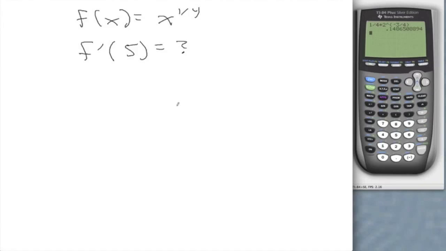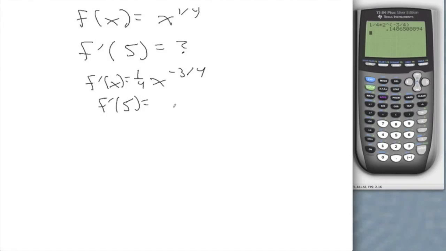Okay, so for the first line, I wrote function. Well, I rewrote the problem anyway. And then for the first line below that, I wrote f prime of x equals 1/4 x to the negative 3/4. And then below that, I wrote f prime of 5 equals 1/4 times 5 to the negative 3/4.